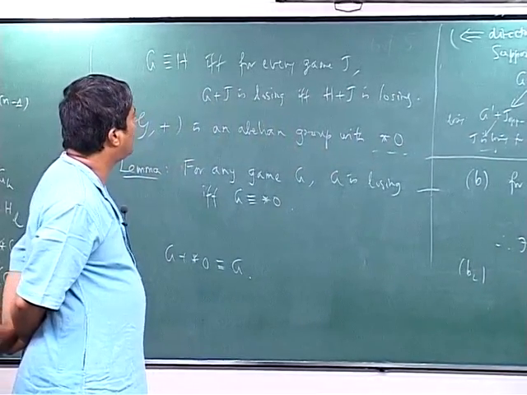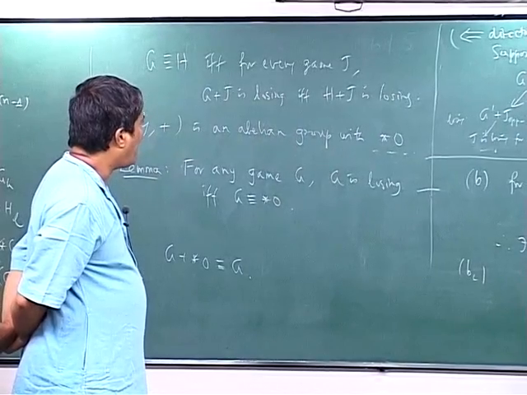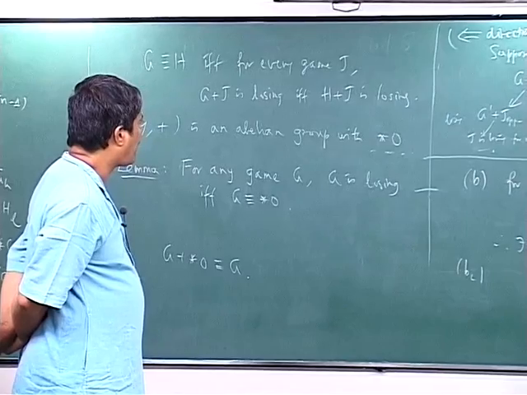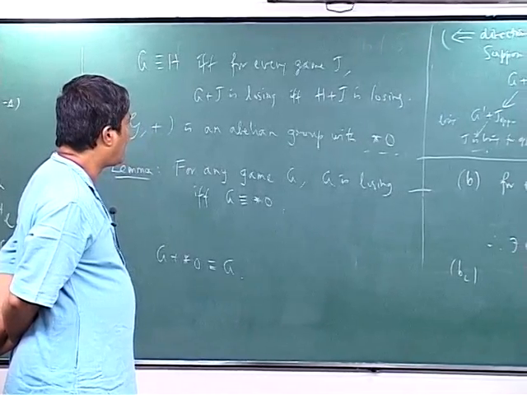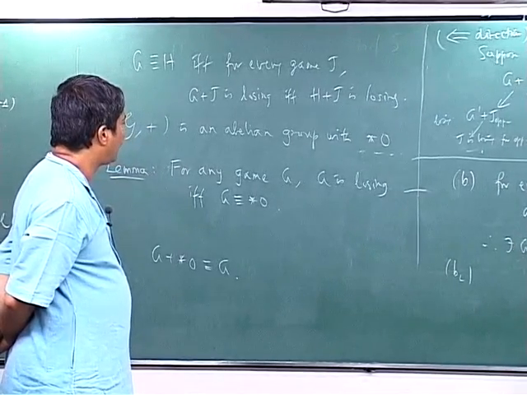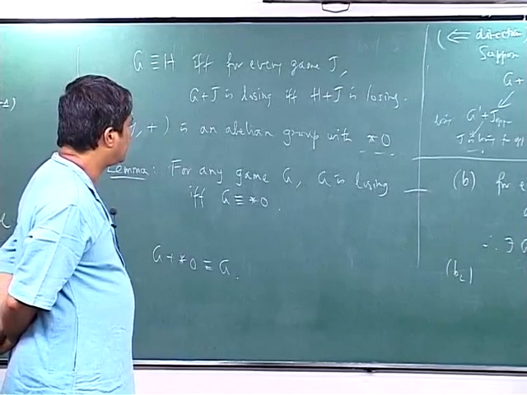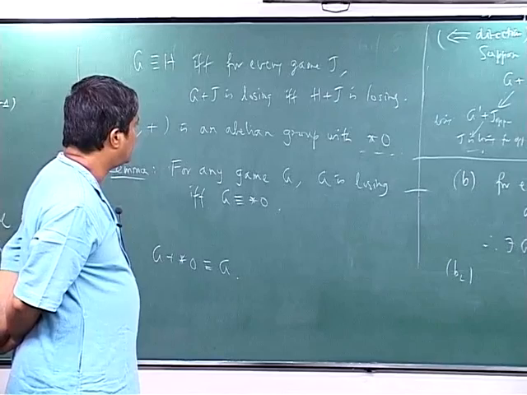How can G plus J be winning? That means G was winning.